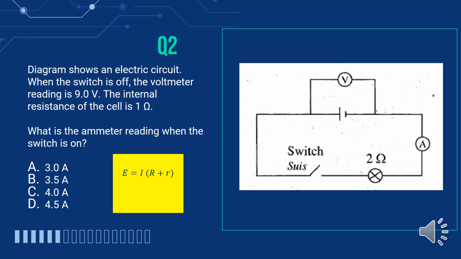In this case, we are using the formula E is equal to I multiplied by the sum of external resistance and internal resistance. So, when we put the values into the formula, we will get the ammeter reading when the switch is on is 3.0 ampere. And here, the answer is A.